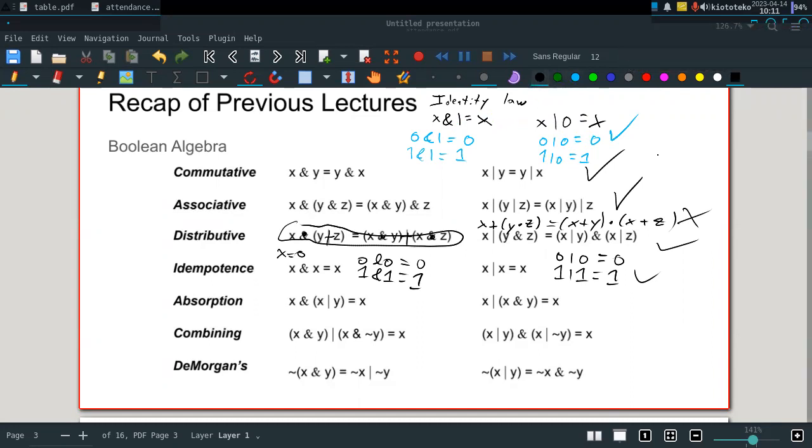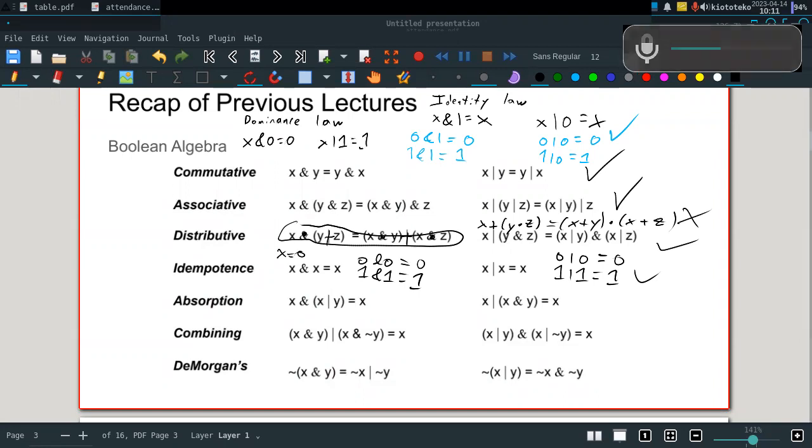Then we have also the dominance law, which tells us that X and 0 is equal to 0, and X or 1 is equal to 1, no?